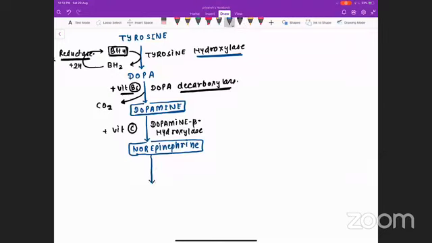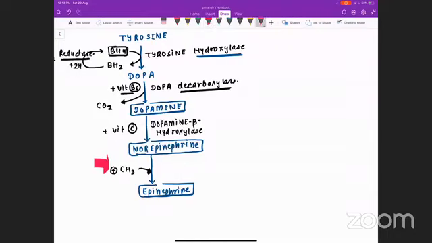Lastly, the norepinephrine can convert into epinephrine, which is also called adrenaline. Epinephrine or adrenaline is the same. For the conversion of norepinephrine to epinephrine, we need to add a methyl group on the norepinephrine. Whenever we require a methyl group, we call the donor of the methyl group.